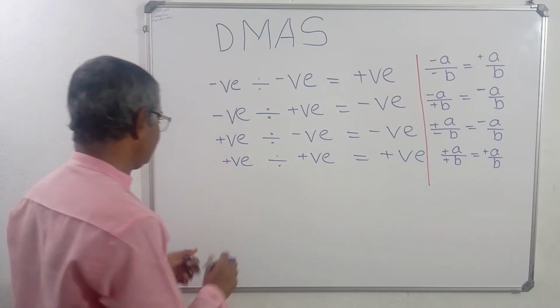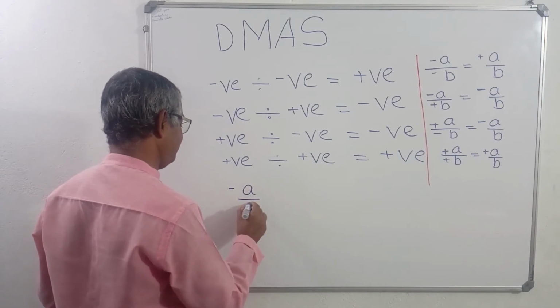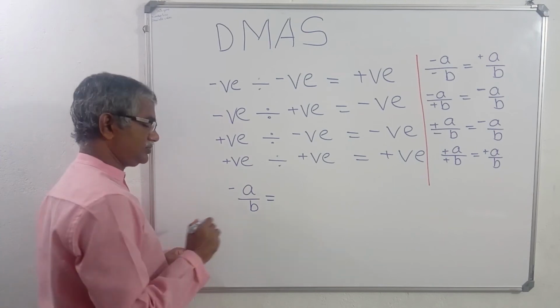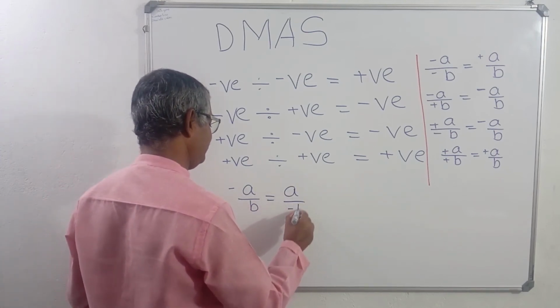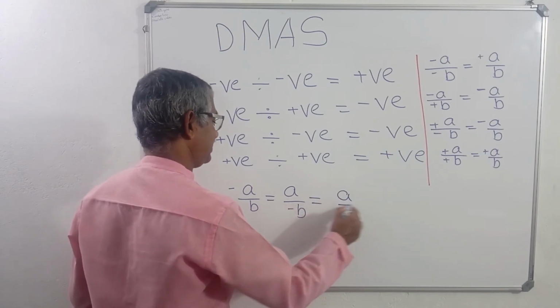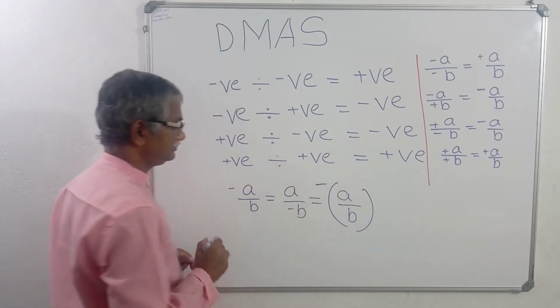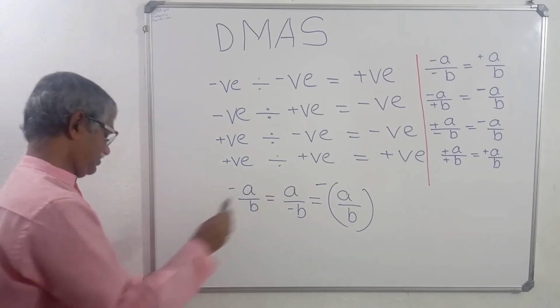Again consider negative a by b is also equal to a by negative b, or simply we can write negative of a by b. I hope you can understand it.